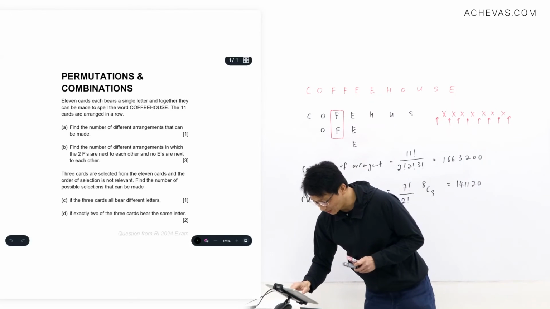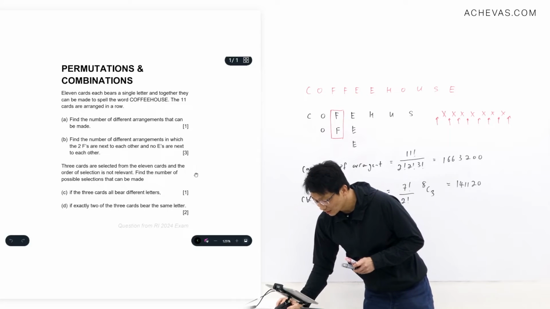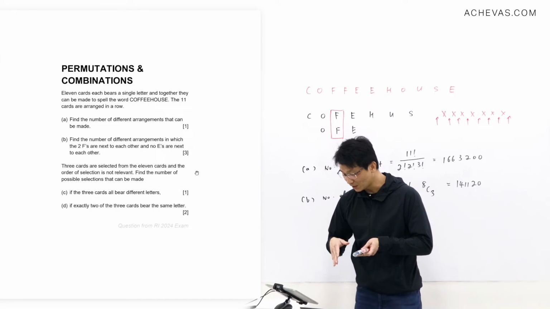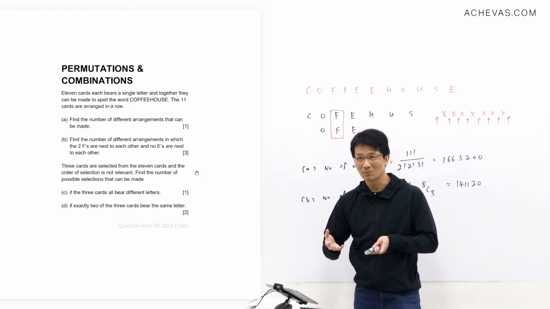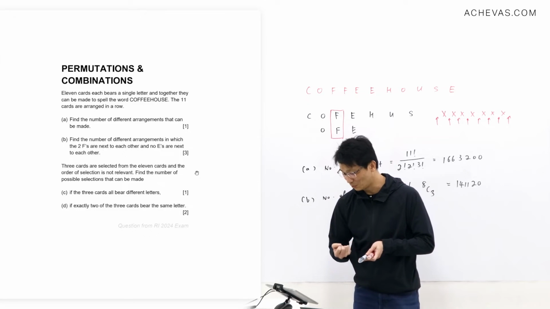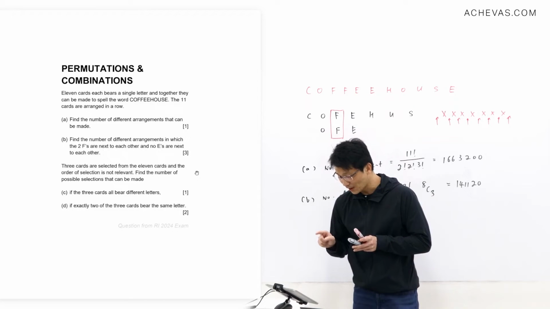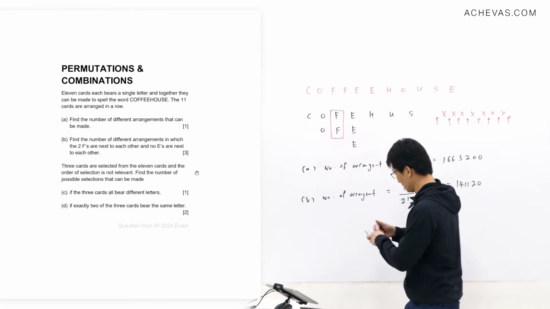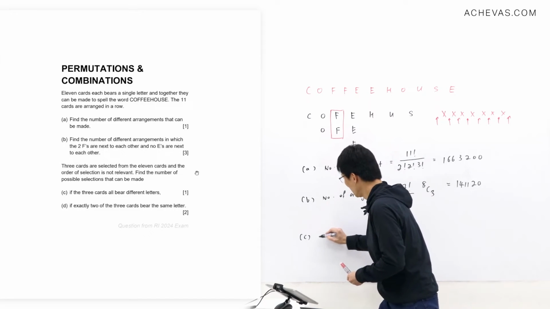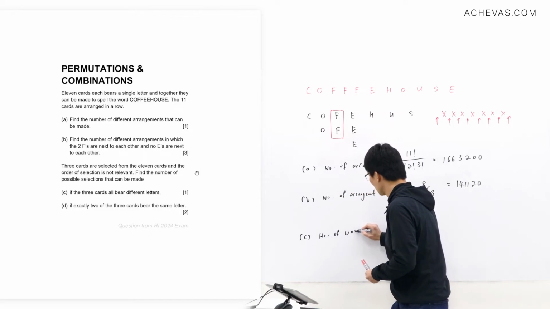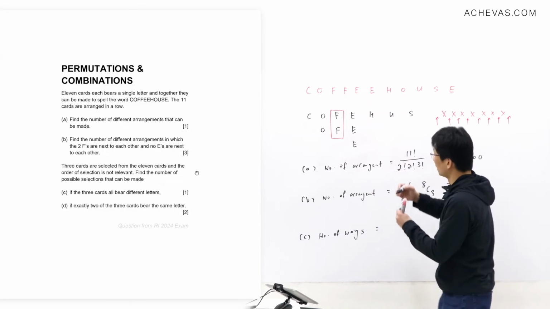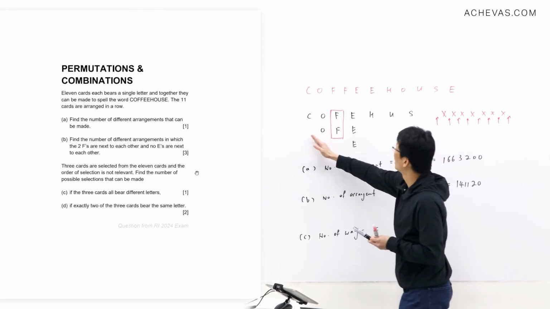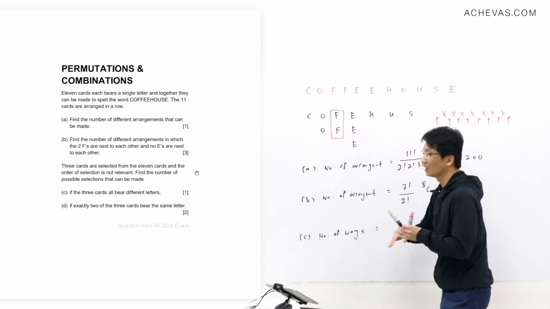All right, let's look at the next part of the question. Now 3 cards are being selected from the 11 cards, and the order of selection is not relevant, so we don't need to consider the order between them. You're supposed to find the number of ways in which the 3 cards all bear different letters. Looking at this, we have a total of 1, 2, 3, 4, 5, 6, 7 different letters.